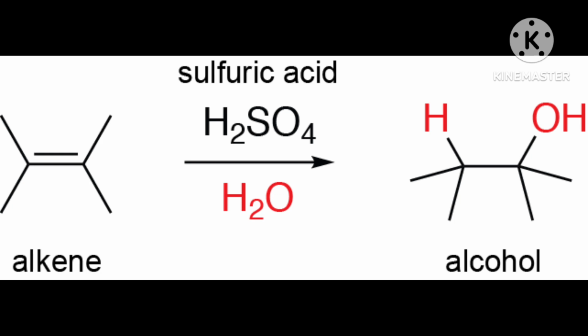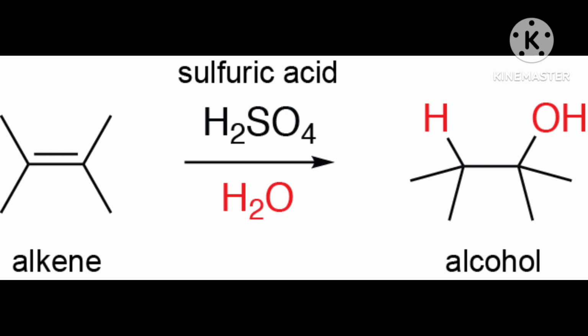So the central carbon now has three CH3 and one OH. Then if you consider the long chain, it will be 2-methyl propane 2-ol, because the OH group is attached to the second carbon.